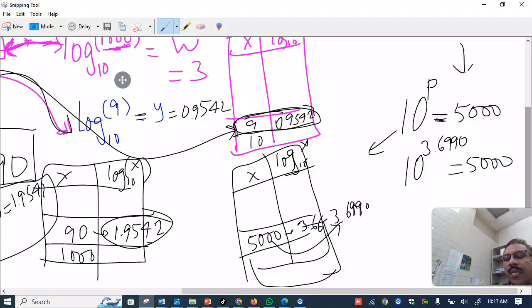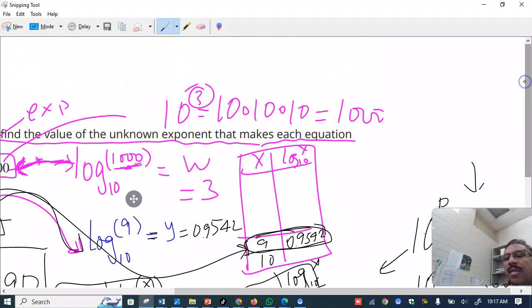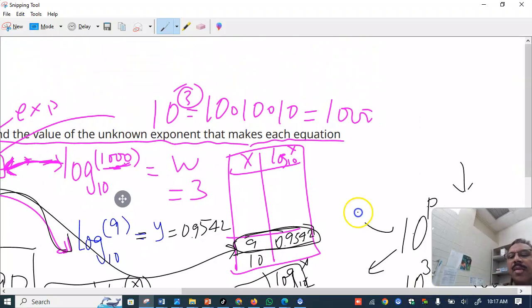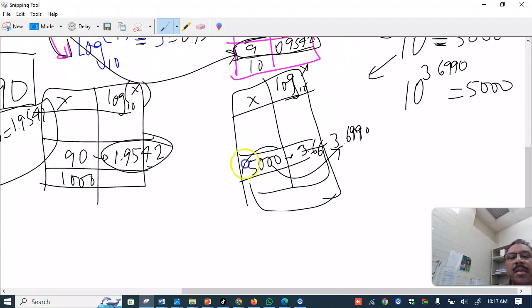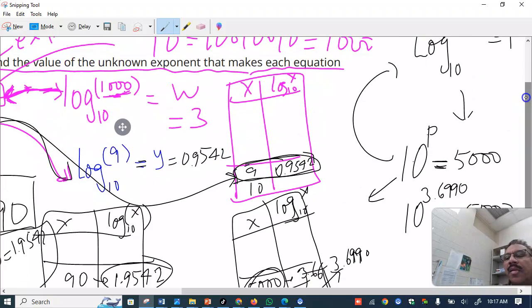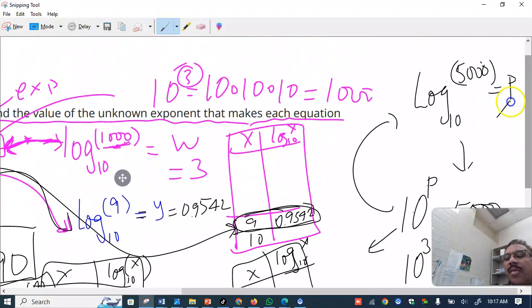Or if you get confused, this piece that you see here, you can write in the log form and say, what's the log to the base 10 of 5,000? 5,000 is P. Then you find 5,000 on the table here, and you get that 3.6990, which is this P.